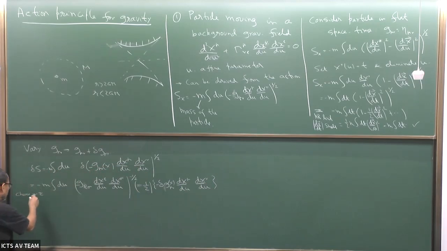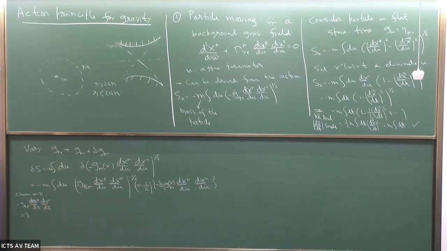So if we choose u equal to tau, then minus 0 sigma dx rho d tau dx sigma d tau is just 1, because d tau square by definition is minus 0 sigma dx rho d sigma.